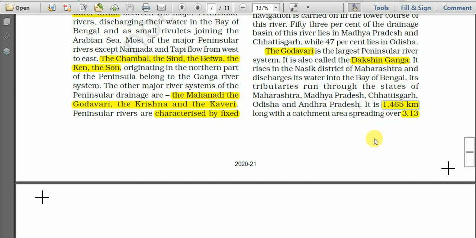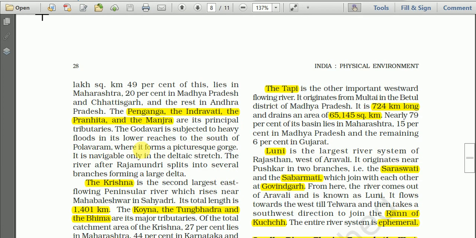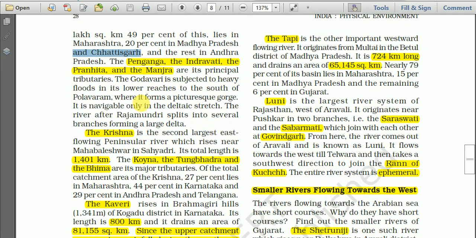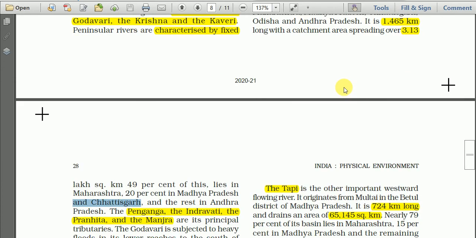It is 1,465 km long, and the catchment area spreads over 3.13 lakh square kilometer. 49% of this lies in Maharashtra, then 20% lies in Madhya Pradesh and Chhattisgarh, and the rest lies in Andhra Pradesh.